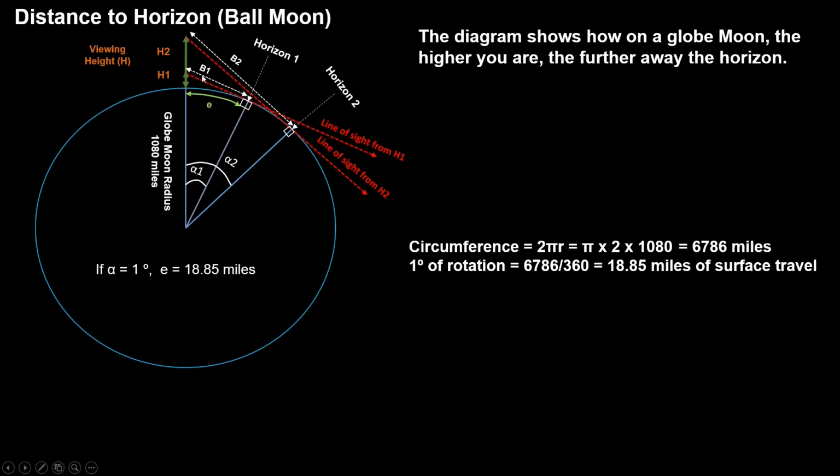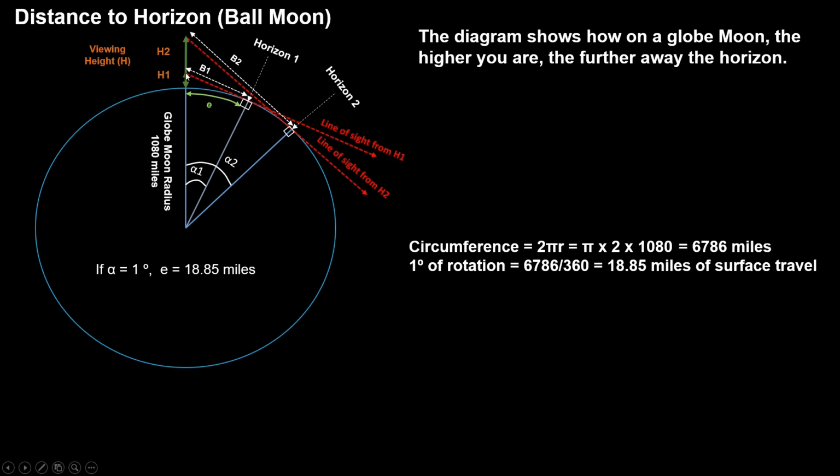Now to calculate how far it is to the horizon, we want to calculate our line of sight to the horizon. For h1, that's b1, and for h2, it's b2. Now if we look here, we've got a right angled triangle, and we know this side, which is the radius, and we know this side, which is the radius plus h1.